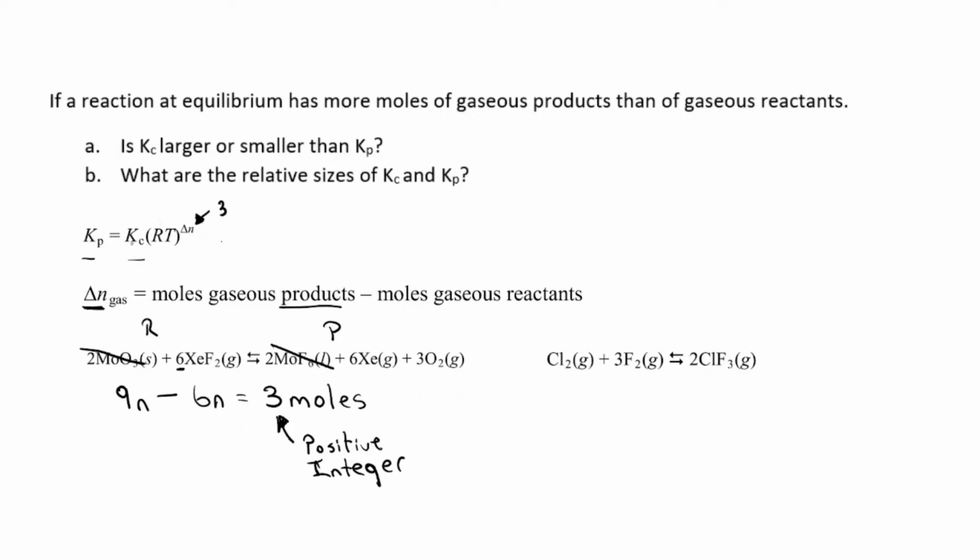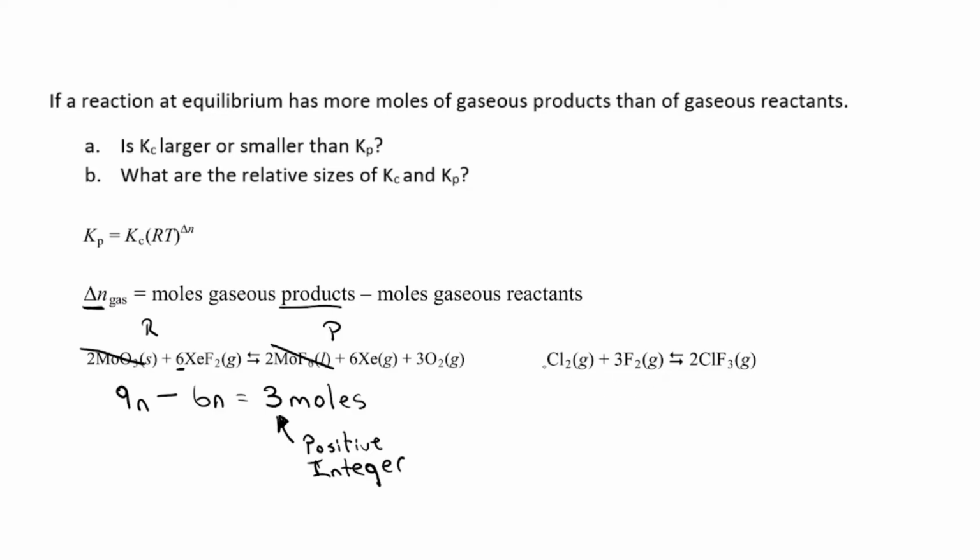But if this whole side of the equation equals Kp, that means that Kc is going to have to be less than Kp, because it's being multiplied by the constant times the temperature brought to the power of 3. It has to be less than Kp. So that's if it's a positive integer. Let's look at this other reaction to see if the same thing happens.